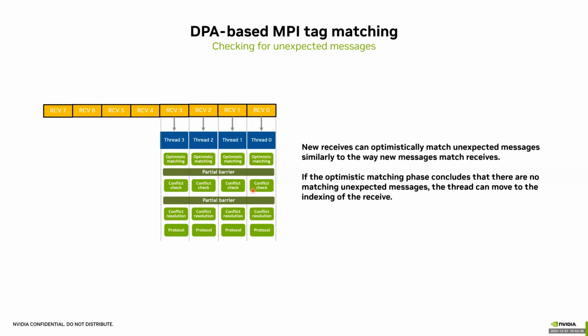So this means we need to mark the unexpected messages as we did before for the receives, resolve the conflict, and then run the protocol. Because again, if we match, then we need to run either eager or rendezvous. And again, if during the optimistic matching we don't find an unexpected message that matches this receive, then fine. We can skip all this and just go to the receive insertion phase, the receive indexing phase, right?